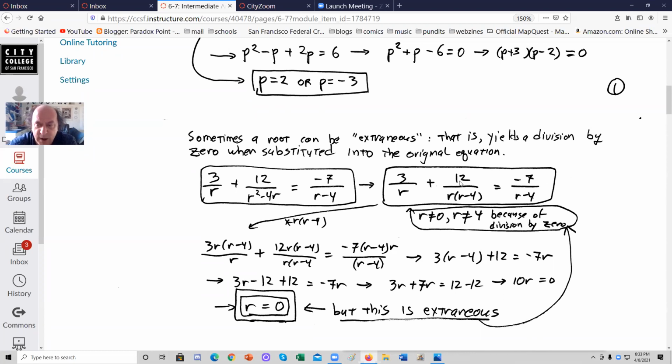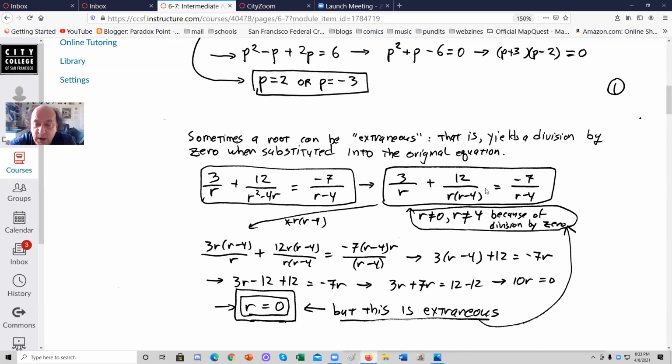All right, fine. The common denominator is r times (r minus 4), multiplied by their product. For this, after canceling an r here and r minus 4 here and r minus 4 here, you get this equation, which you simplify. You get r equals 0.